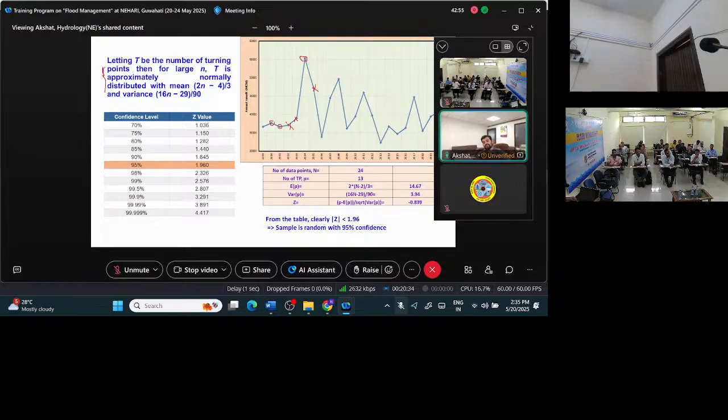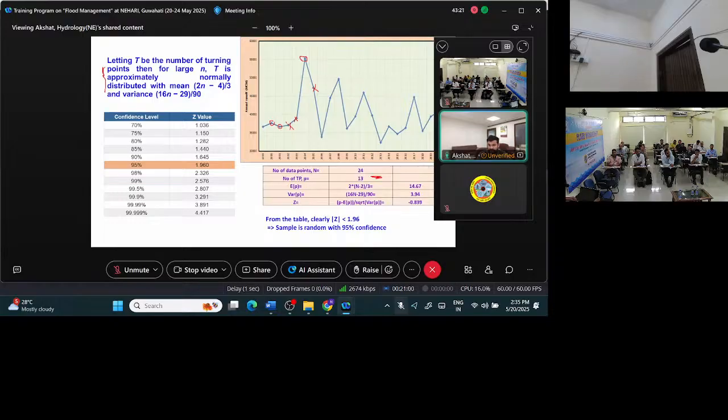That is why we generally require a long series to estimate return period floods. In this case, you can just count how many turning points there are: 1, 2, 3, 4, 5, 6, 7, 8, 9, 10, 11, 12, and 13. So we have 13 turning points.